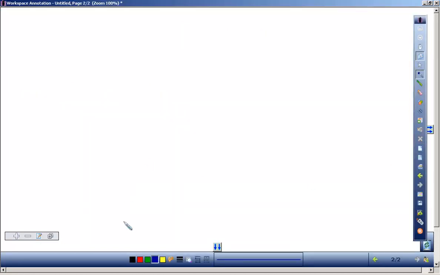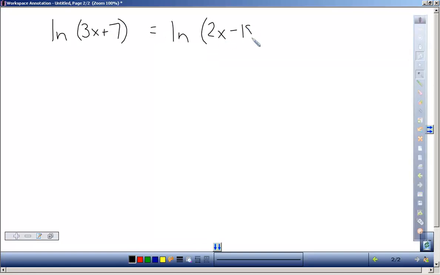When we're looking at problems, there are some that look as simple as this: natural log of 3x plus 7 is equal to the natural log of 2x minus 18. When I go to that isolate step, both of these logs are already isolated from one another.